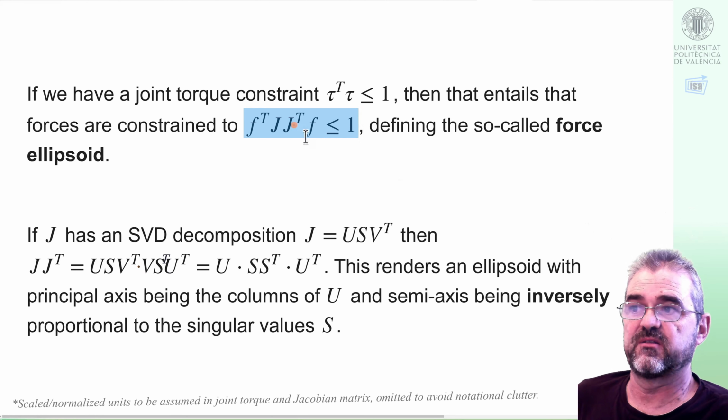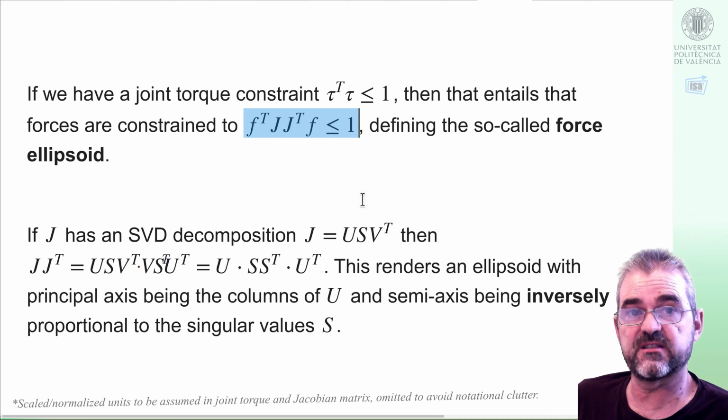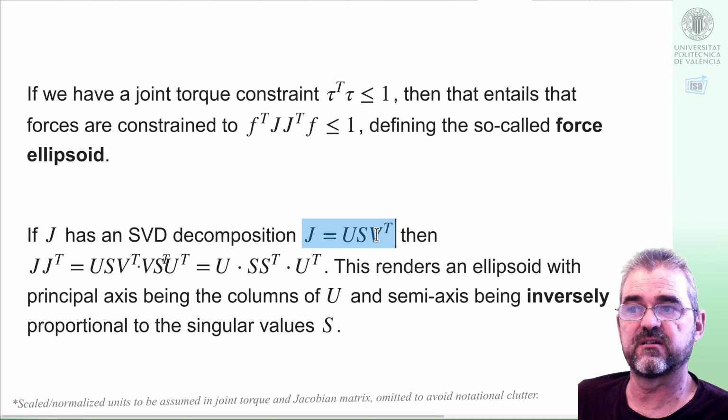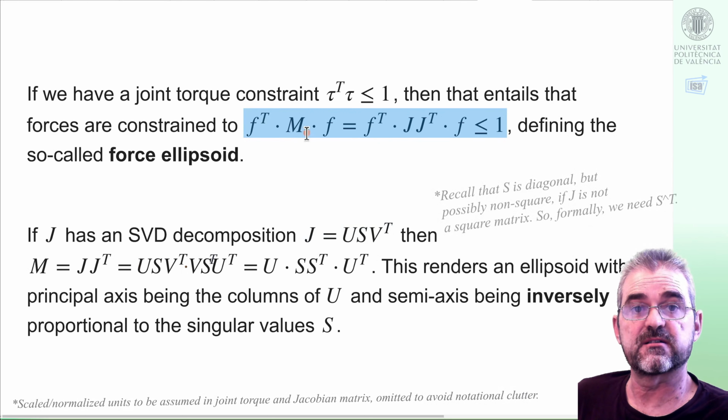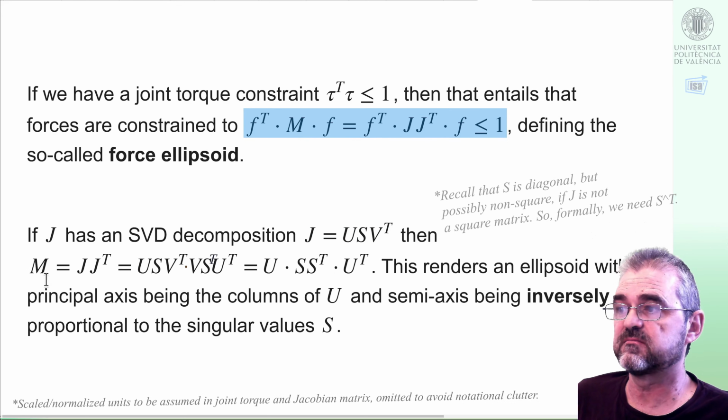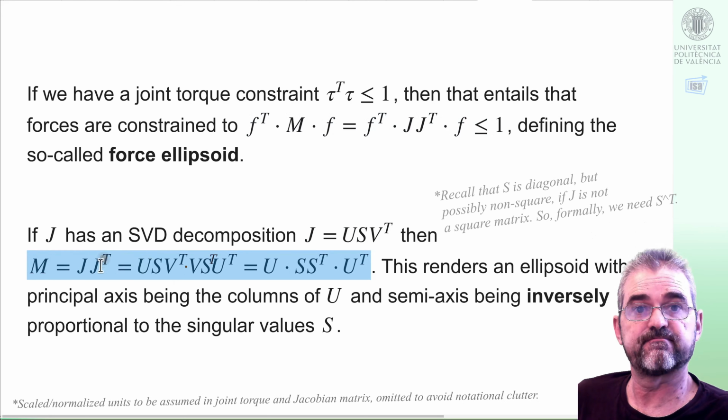So for this force ellipsoid with the scaled Jacobian and its transpose, let us imagine that such scaled Jacobian has this singular value decomposition with the SVD MATLAB command. Then the M matrix defining the force ellipsoid will be J J transposed.